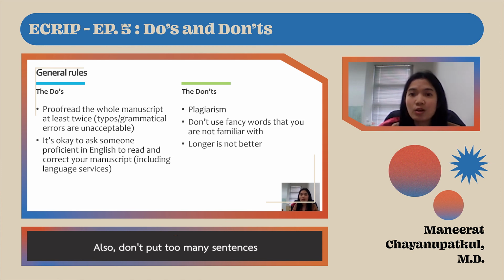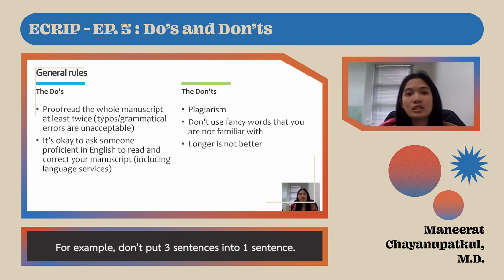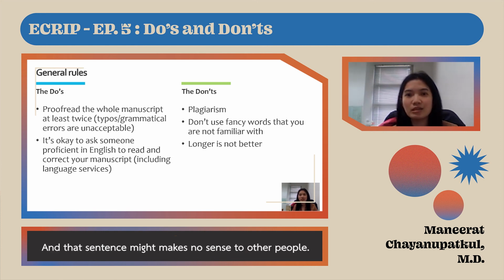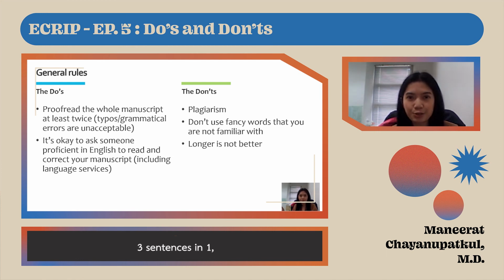Also, don't put too many sentences into one sentence. For example, don't put 3 sentences into one sentence, because in the end, we might make mistakes with the grammar and other things, and that sentence might make no sense to other people. If you have to write 3 sentences in one, just divide it into smaller sentences.